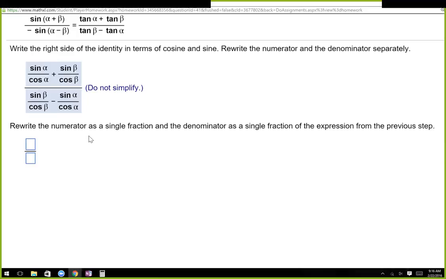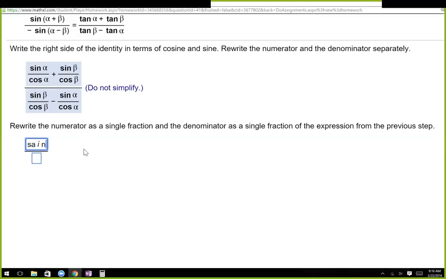To get rid of them, you multiply the whole big fraction by all the denominators. So I'm going to multiply everything by cosine alpha and cosine beta. This first one, when I multiply it by both, the cosine alpha will go away, but I'll still have the cosine beta.